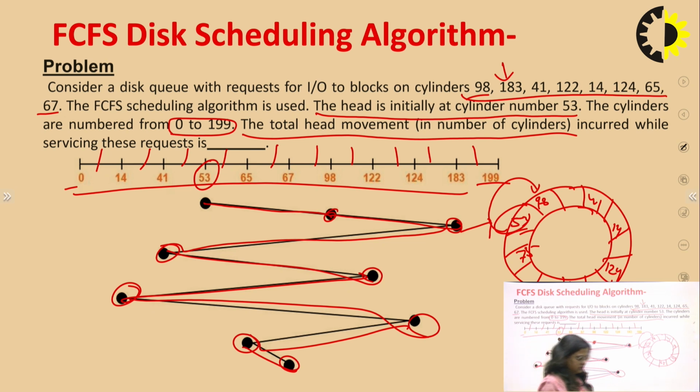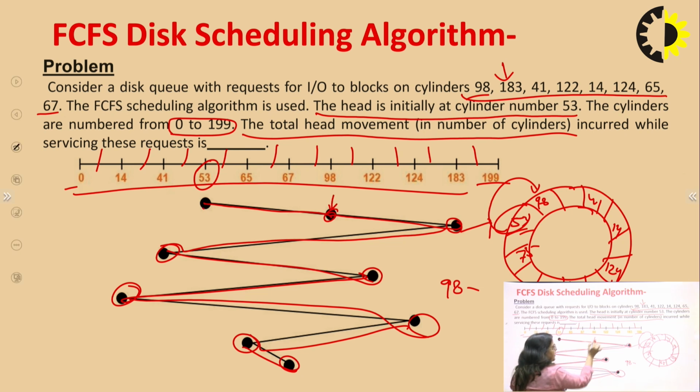Apply this to the requests one by one: start from 53, end at 98; then the read write head is at 98, start here, end there; and in this way, at the end, your read write head is at the last point.